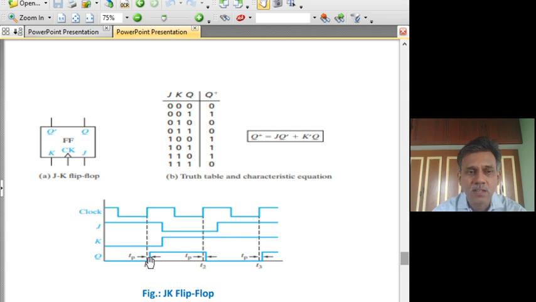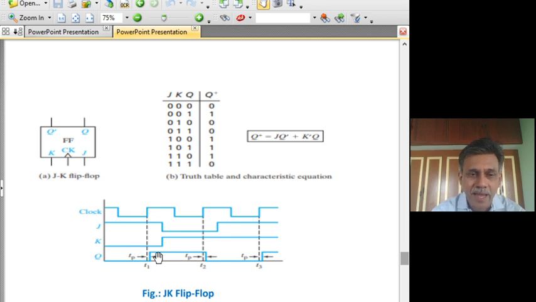But of course, this change in the output of the flip-flop, that is in Q, will take some time, and that is shown here as the propagation time Tp. So T1 is the time when this transition occurs, and T1 plus Tp is the point at which Q settles to the new value 1.